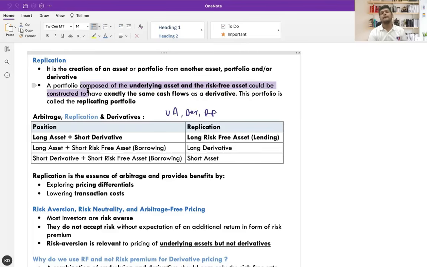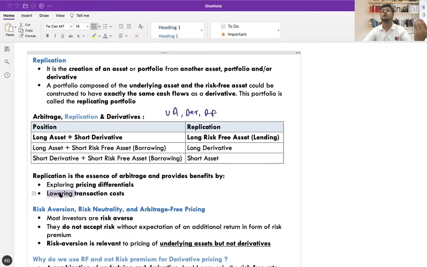Is that clear? So if you tell me, Kunal, I want to invest in risk-free, I can do the same thing by investing in a stock and hedging it with a derivative instrument. Why would I do that? Because I feel there is some opportunity there which may give me definite returns. That opportunity can be arbitrage, or you are stuck in the underlying asset and want to exit it, so you want to reduce your cost or loss.